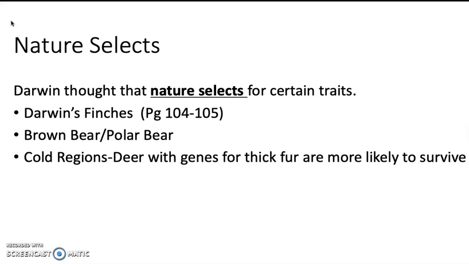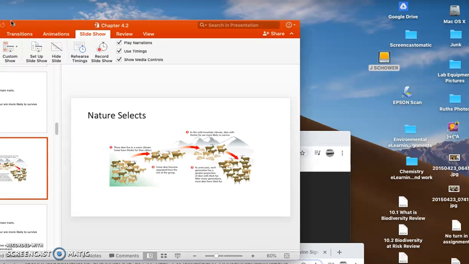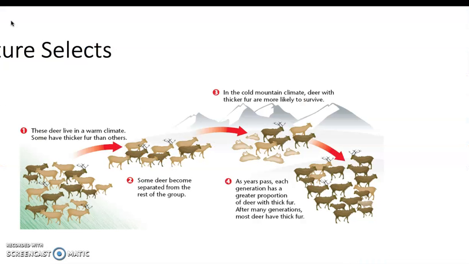Now, in colder regions, for example, deer with thicker fur are going to survive or adapt better to colder conditions. All right, so let's take a look at this example here with the deer. Initially, the first picture shows a mixture of brown and light colored deer.